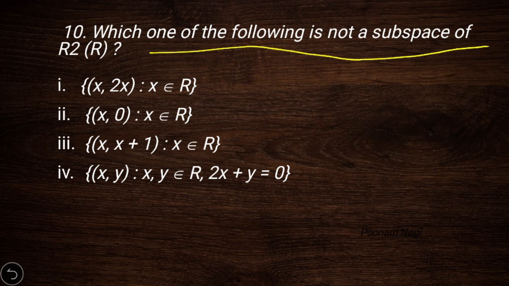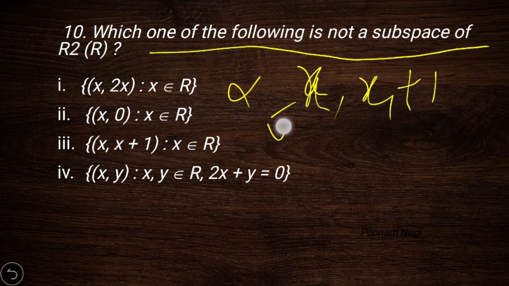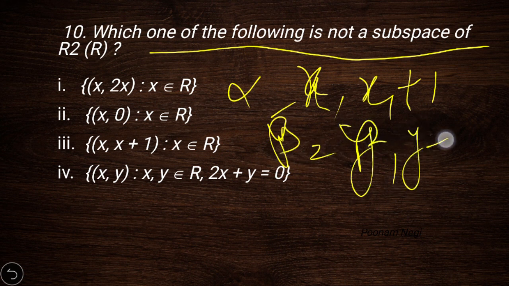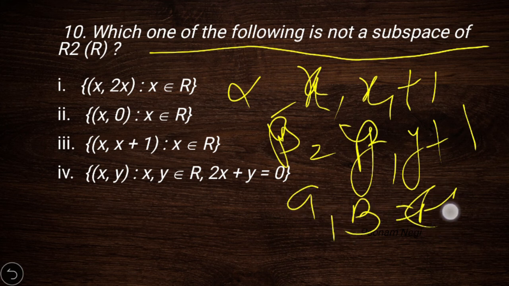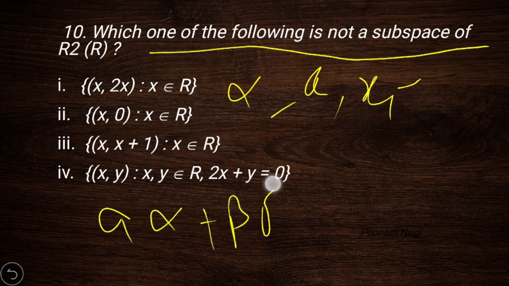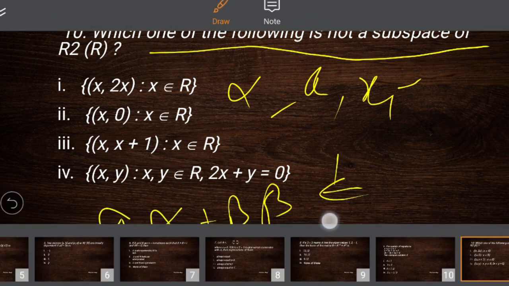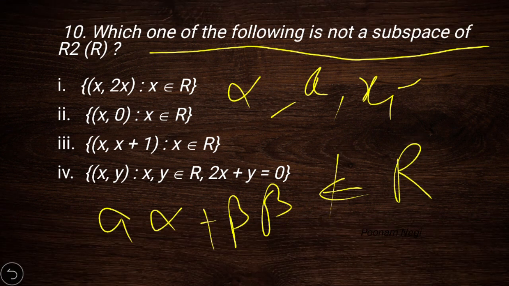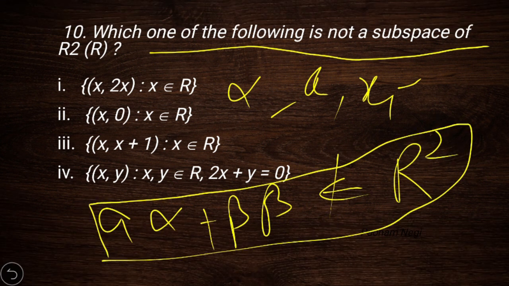Simply let you have two elements alpha equals x comma x plus 1 and beta as y comma y plus 1, and two elements a, b belonging to R. Then simply prove that a alpha plus b beta does not belong to R square, and it will solve our problem.